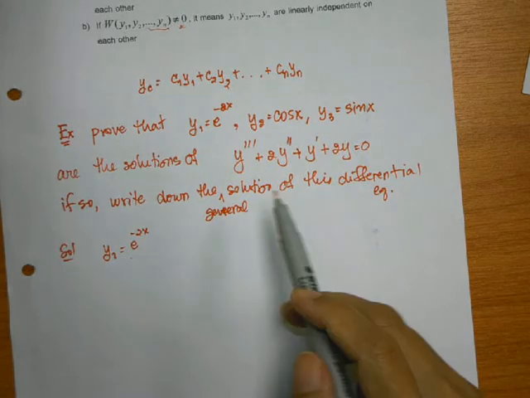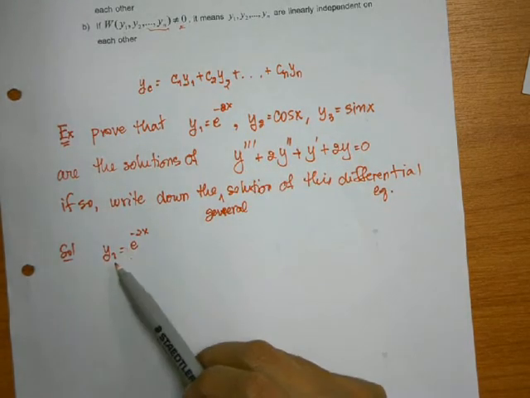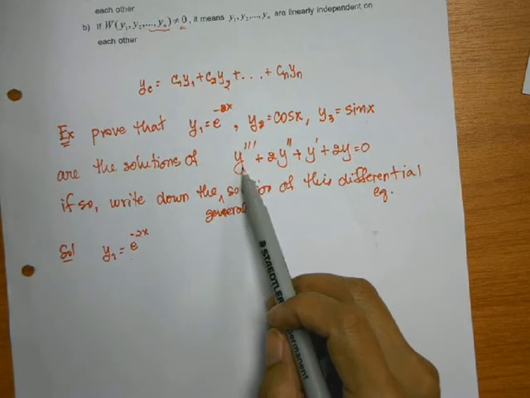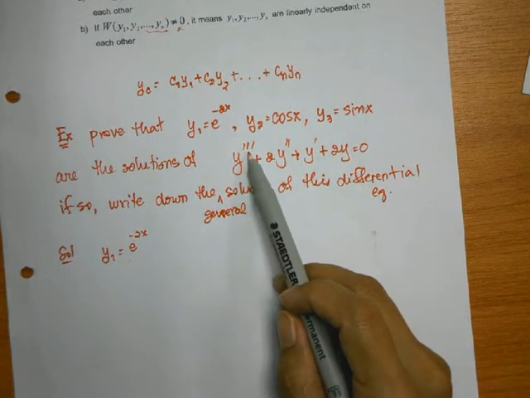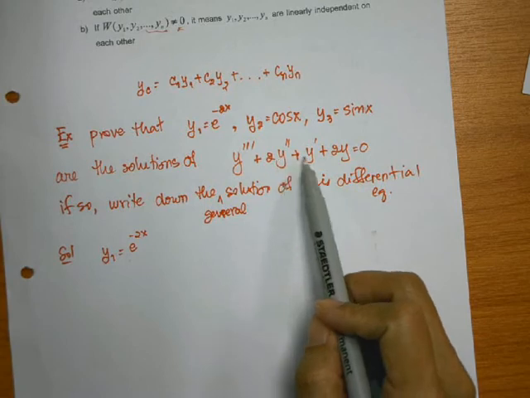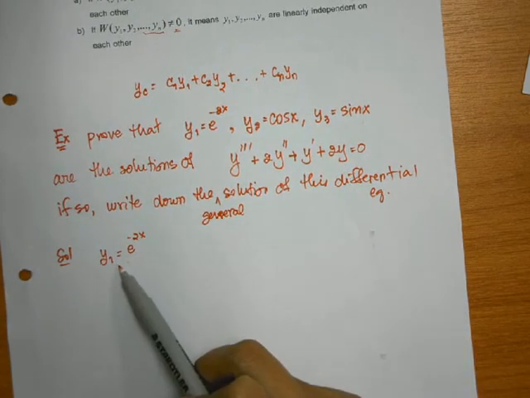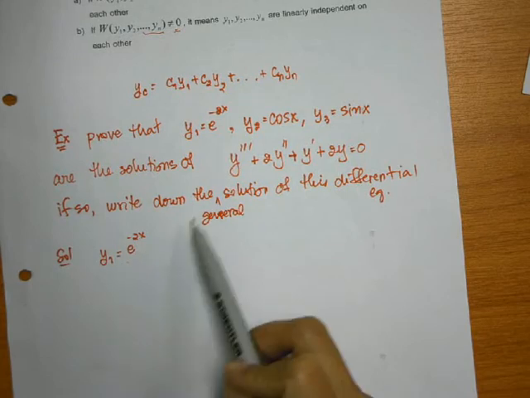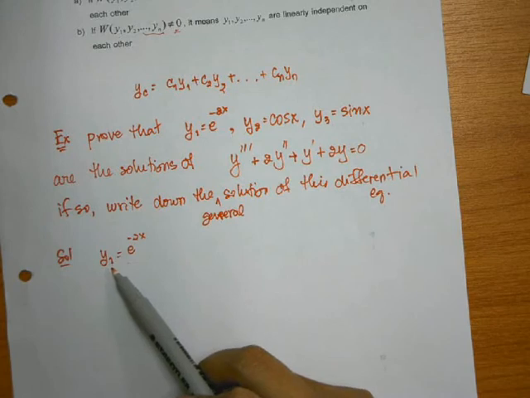But when you look at this equation, you've got to differentiate y1 3 times, because in this equation you see the order of 3, the order of 2, and the order of 1. So you've got to find the order 1, order 2, and order 3 derivatives of this y1.